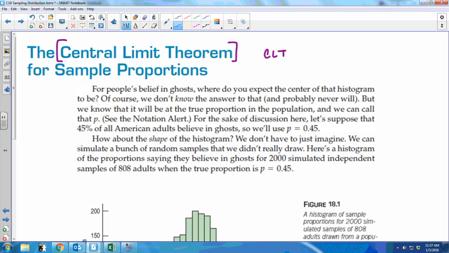And so then if we could figure out a standard deviation, then we could use the normal model, right? If we could use the normal model, we would be in good shape because we know lots of stuff about the normal model, and that way I wouldn't have to make up new things or remember more stuff. With the normal model, we can find probabilities. We can talk about things that are unusual. We know what it should look like. There's lots of things we can do. So that would be very helpful.